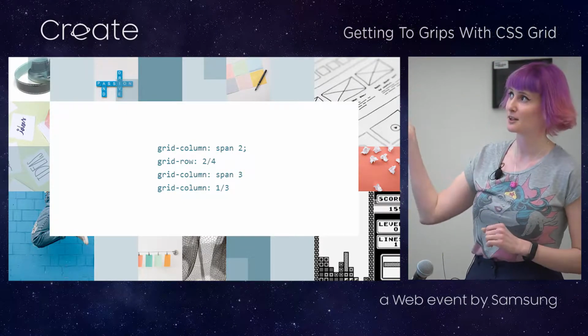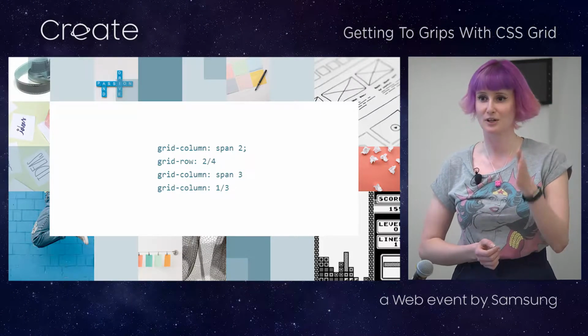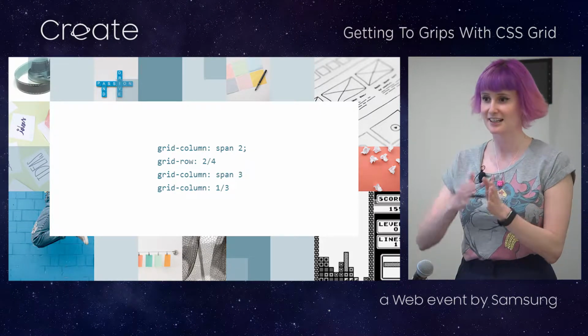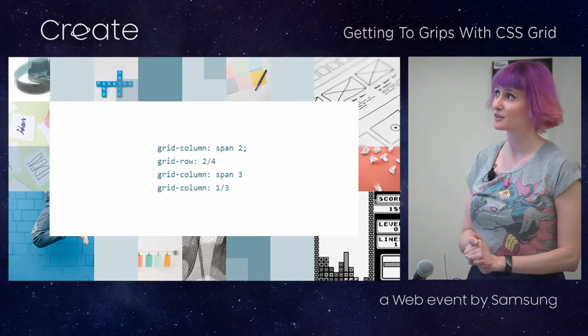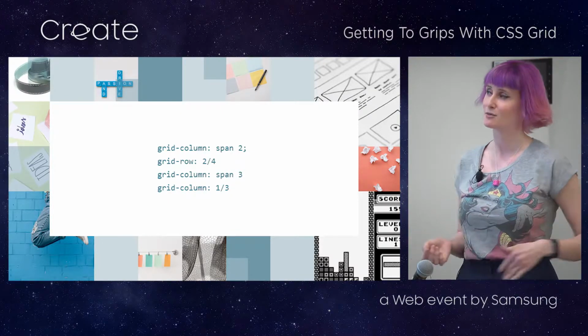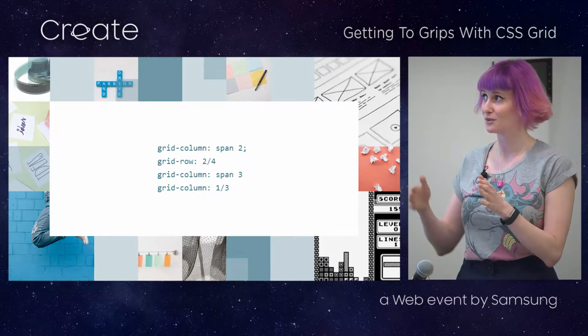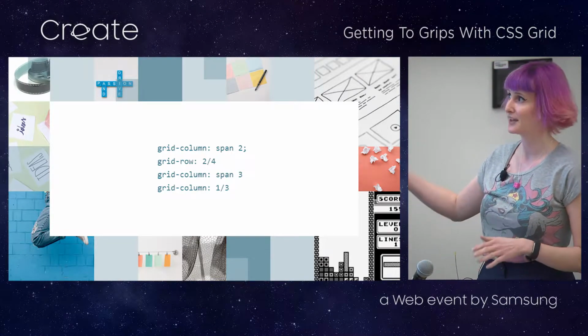So for example, grid column span 2, it's going to start at whatever grid line that it starts at, and then span 2 columns. Grid row 2/4 means I want this one to start on grid line number 2 and end on grid line number 4.